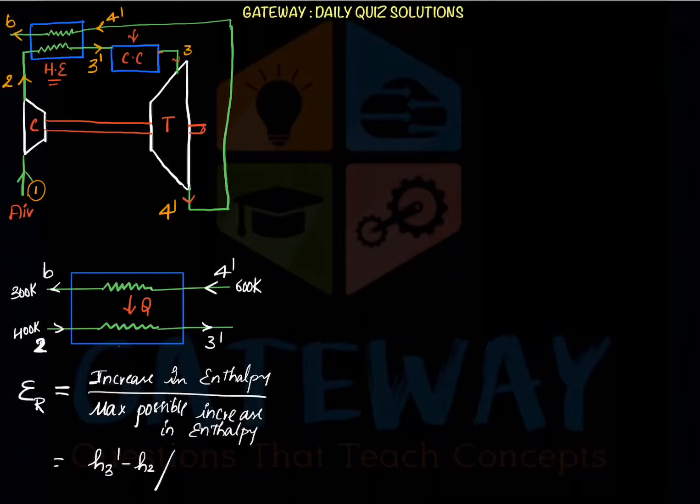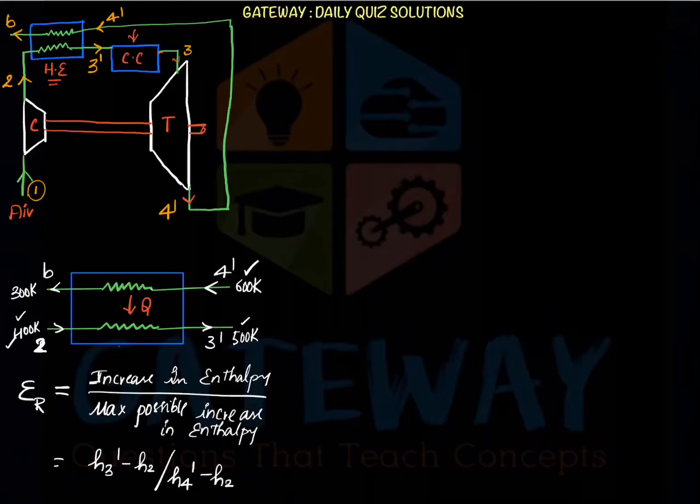Now after this heat exchanger, it will generally rise to some 500 Kelvin. So the actual increase in temperature is 500 minus 400. But the maximum possible increase is that this 400 can reach a maximum value of 600 if the heat exchanger is 100% efficient. So the maximum possible is nothing but H4 dash minus H2. Understood?